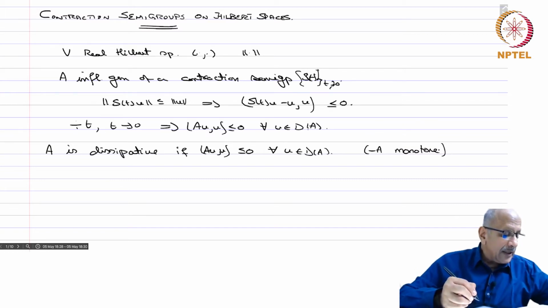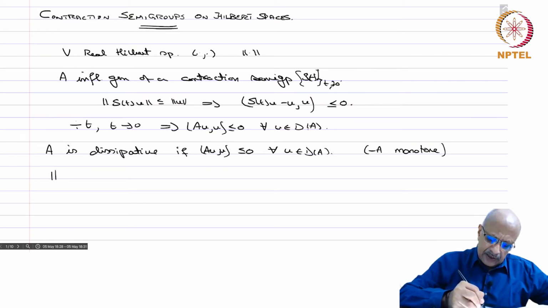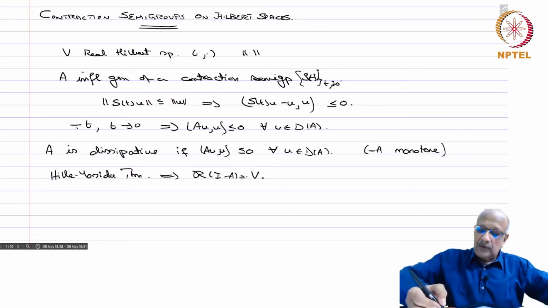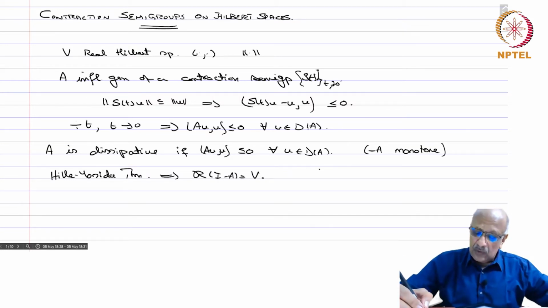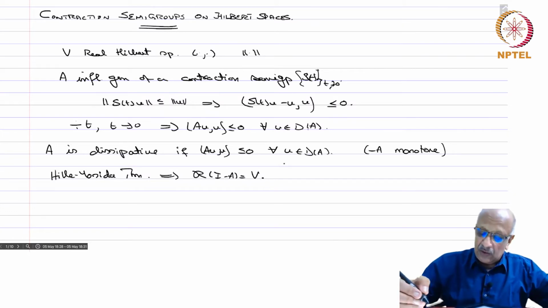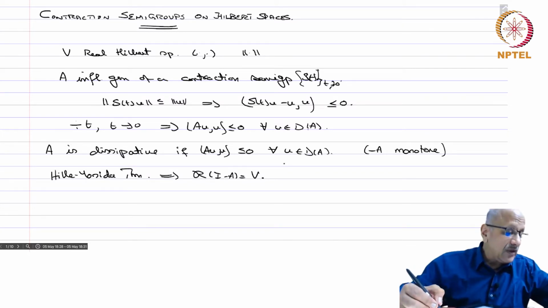Okay. So, then we also know by the Hille-Yosida theorem this implies the range of I minus A equal to the whole of V, because given any v you can invert I minus A, and therefore that is R(1), and therefore for every lambda, in fact the range of lambda I minus A is equal to V, but anyway.